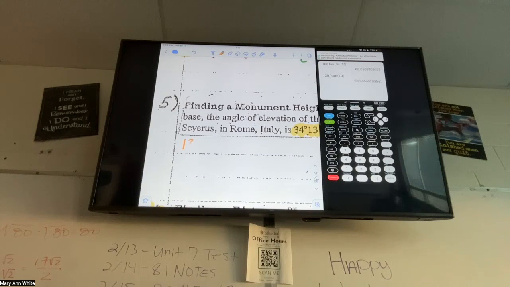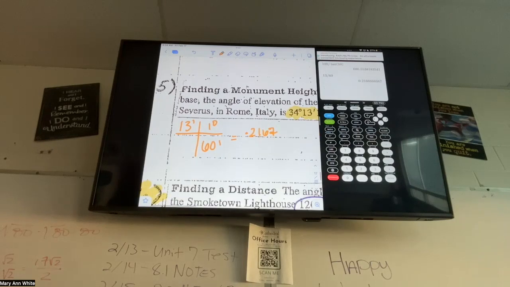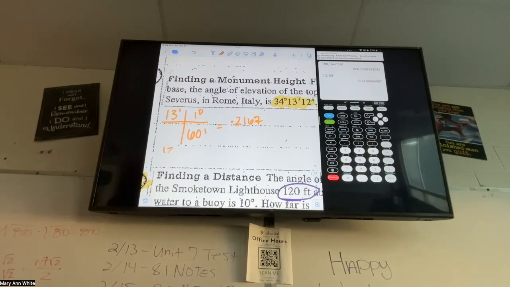How do I make my 13 minutes into degrees? 13 degrees. Good. Divide by 60. I'm gonna divide by 60. And you can just simply do a division. You don't have to set up a little like railroad method like I do. I just think it's helpful. And then how do I get 12 seconds into degrees? Good. 3,600. We divide by that.